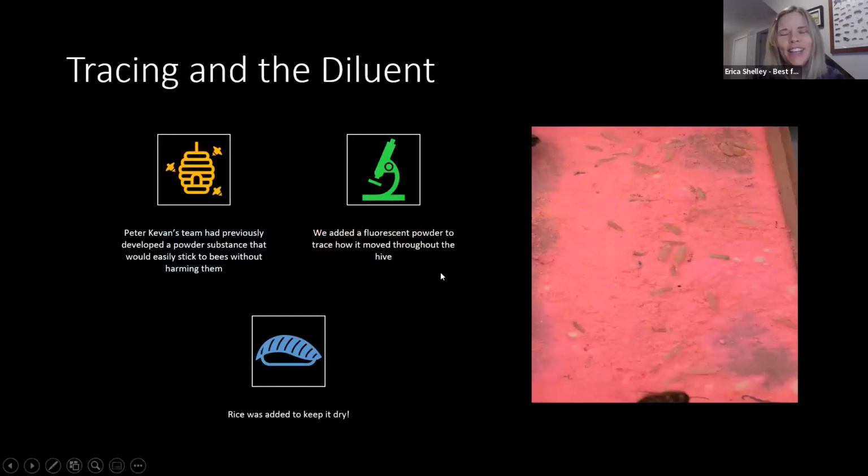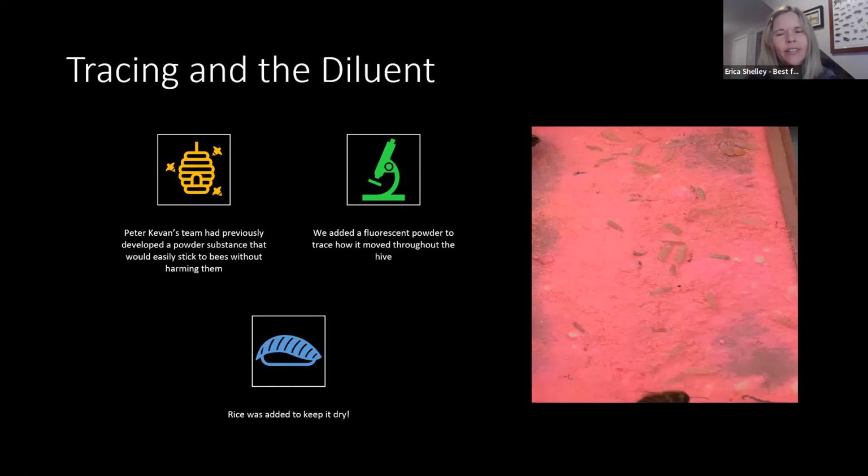So what we did is we took fluorescent microbeads, and we mixed them with the diluent. You'll notice here there are also little granules of rice, and that's because this can get wet, right? So we really wanted to make sure we kept it dry. As I mentioned, Dr. Kevan's team had previously developed that diluent that easily stuck to the bees without harming them.